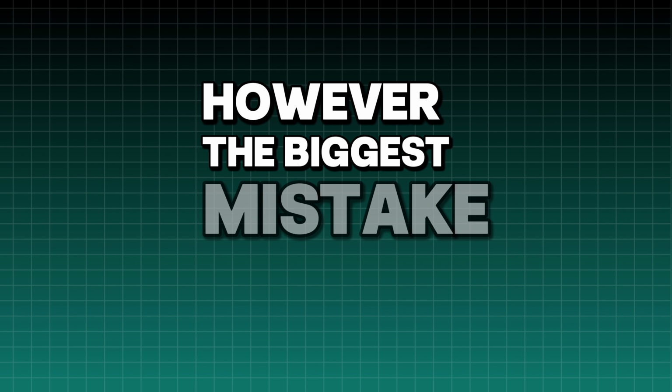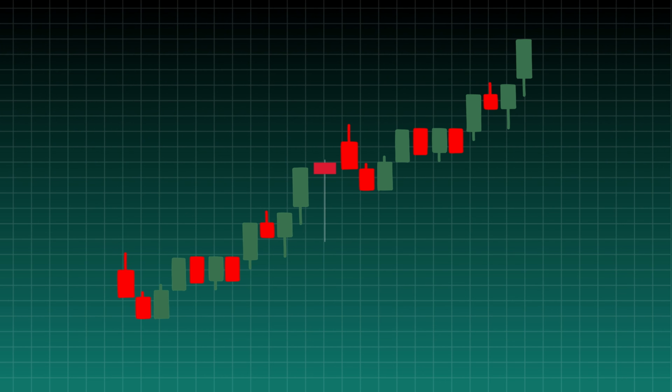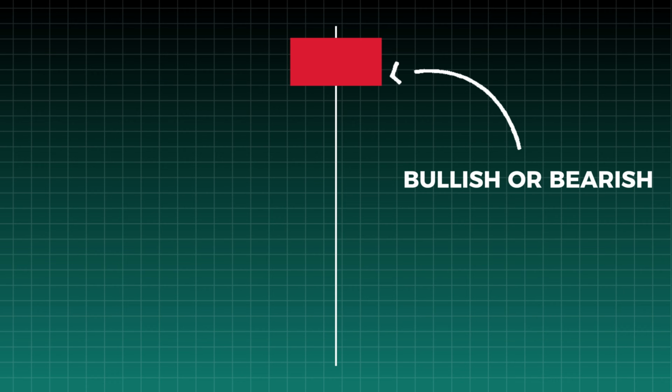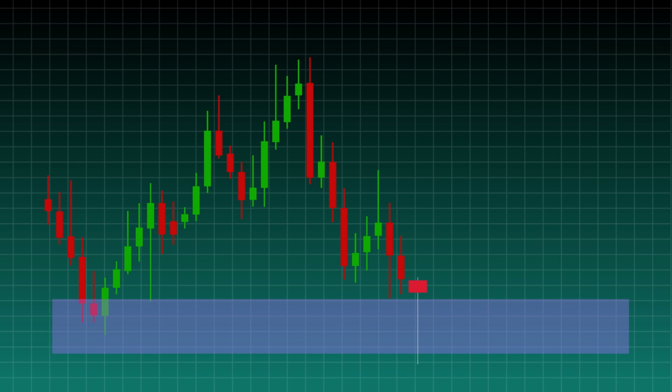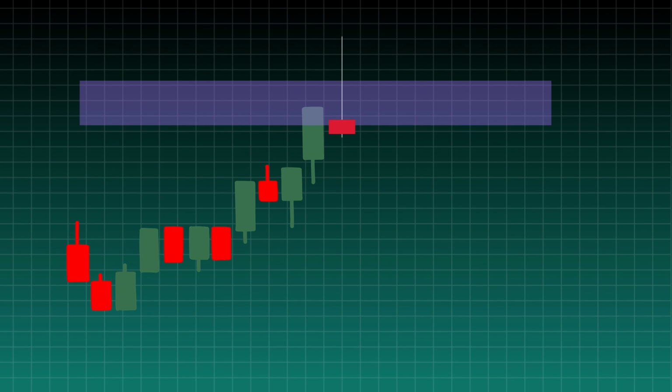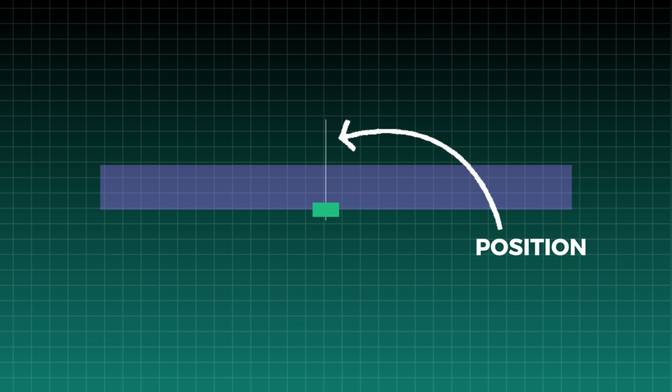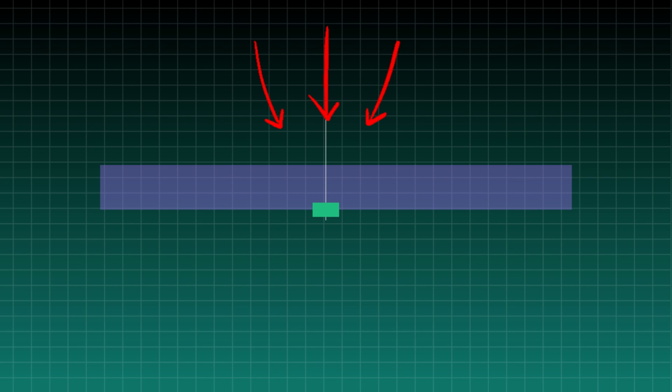However, the biggest mistake beginners make is focusing entirely on the color of the pin bar or trading it in the middle of nowhere. First of all, the color of a pin bar does not determine if it is bullish or bearish. A bullish pin bar can be red or green, and a bearish pin bar can be green or red. What matters is the position of the tail, which shows where the rejection came from.